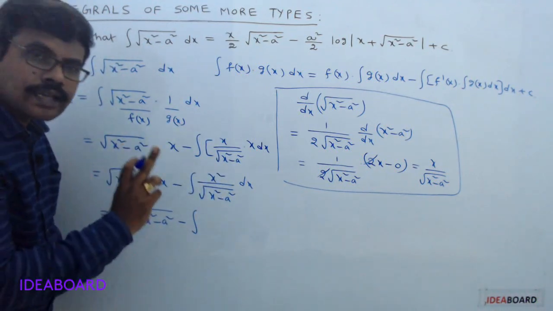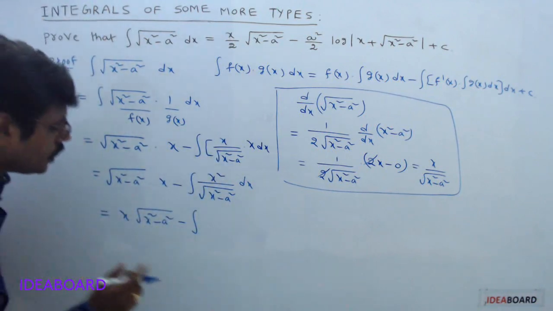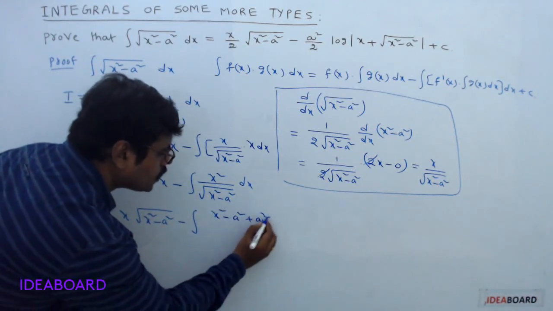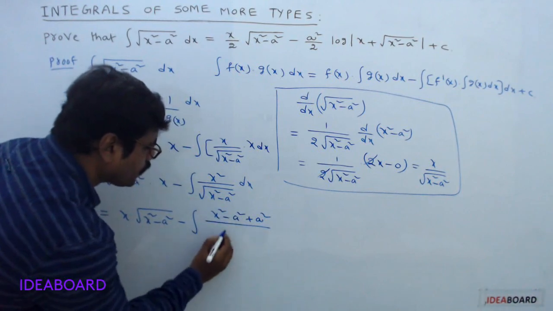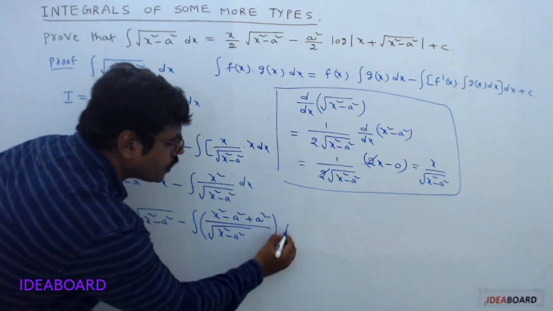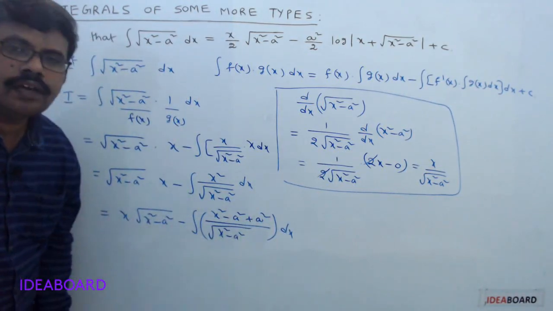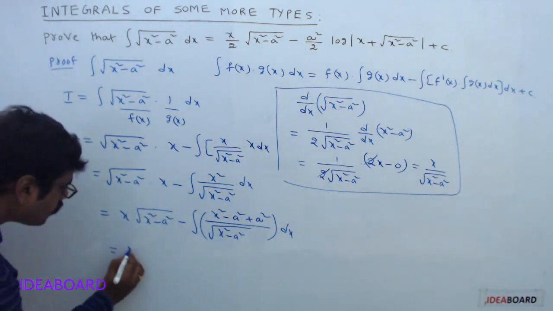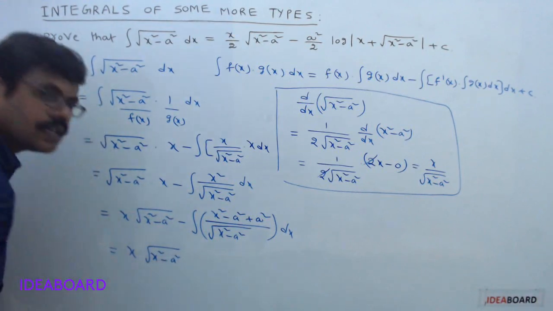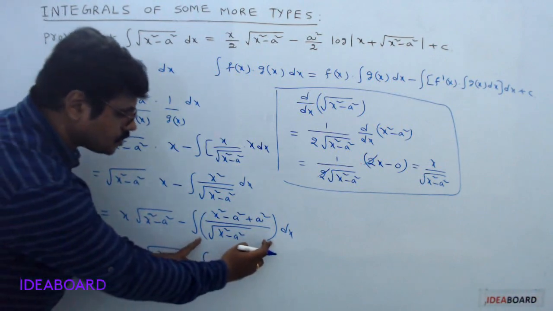That is, x square minus a square plus a square, divided by square root of x square minus a square dx. So in the numerator, I am just subtracting and adding a square. Now this is equal to x into square root of x square minus a square minus integral of. Now observe this expression.